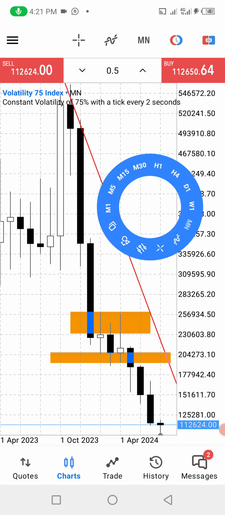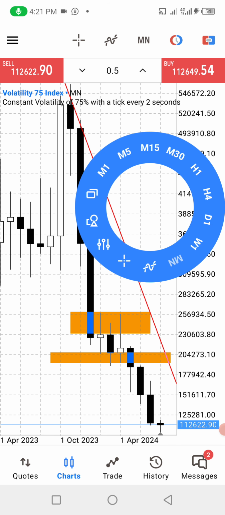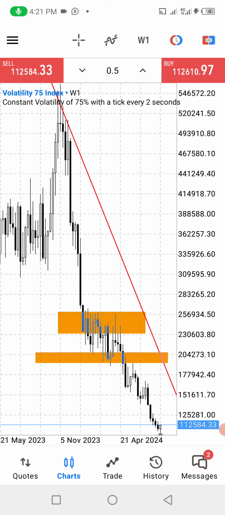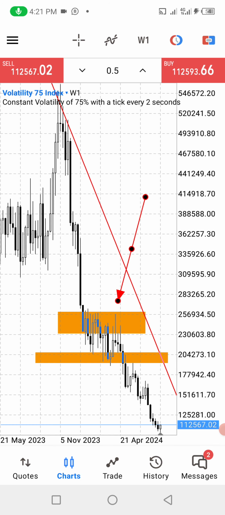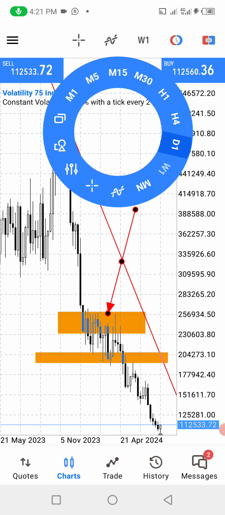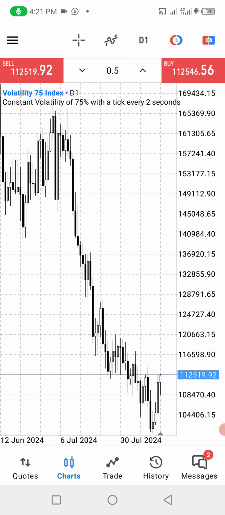Okay, so right now we step down to the weekly time frame. In the weekly time frame, you see how market is getting rejected from this resistance. Okay, so we step down to the daily time frame because your entry will be at the lower time frame, like H1, M30, M15, depending on your risk appetite.